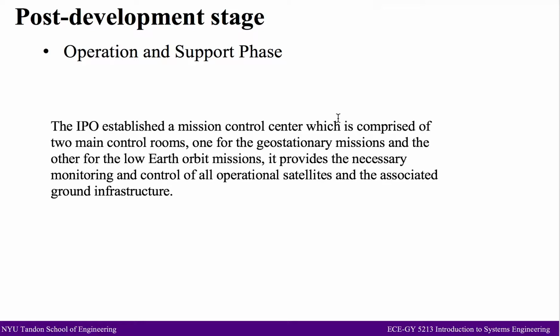And the health of the spacecraft is also monitored by the same system. So the IPO also designed a backup control center to ensure the satellite's safety in the event of major problems with the endpoint satellite or communication loss between the satellite and the ground station.